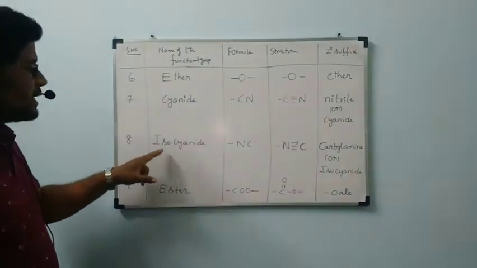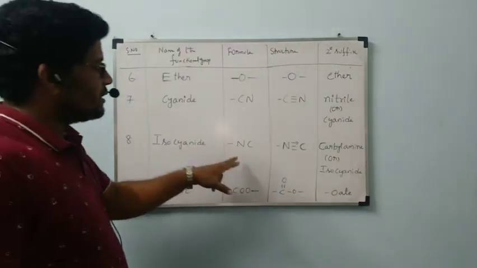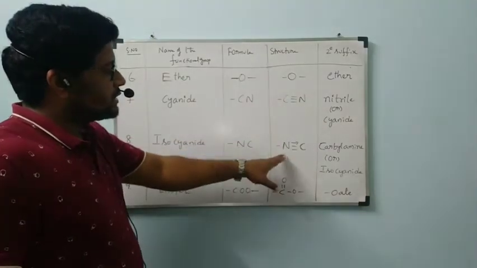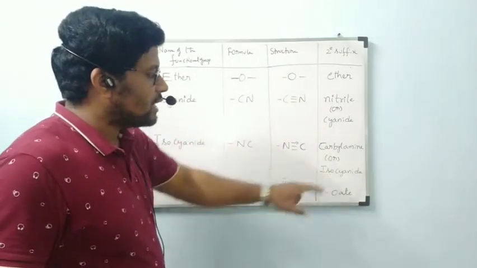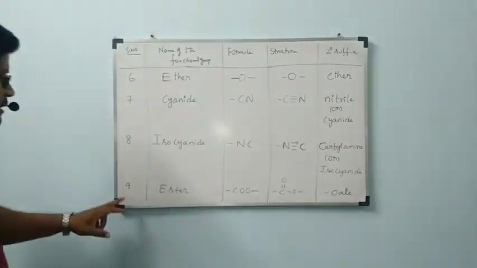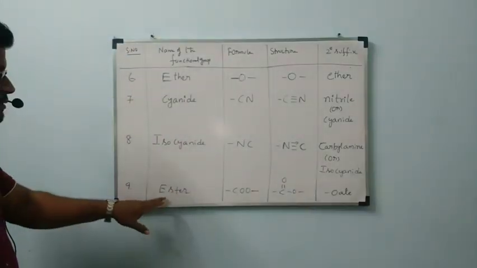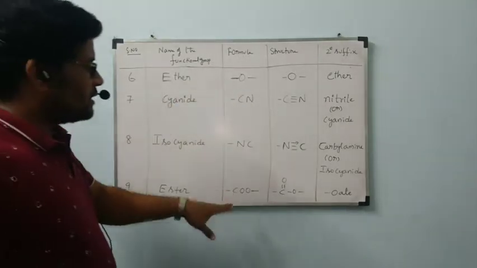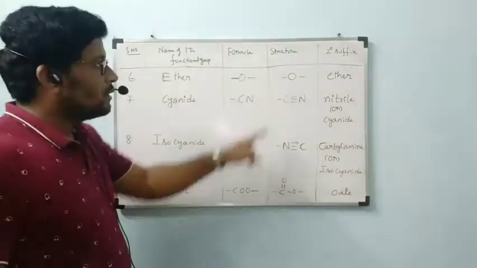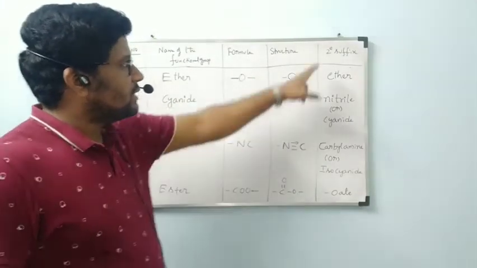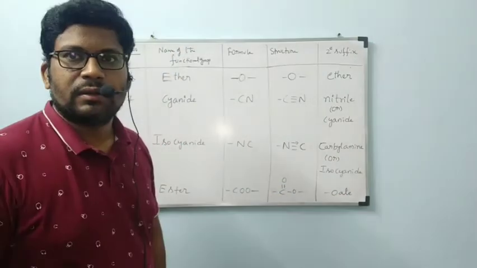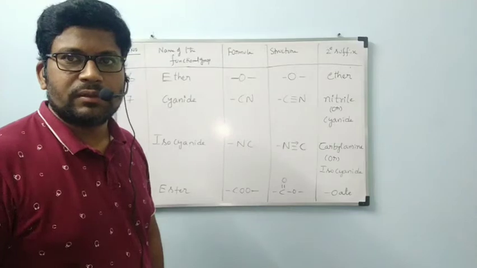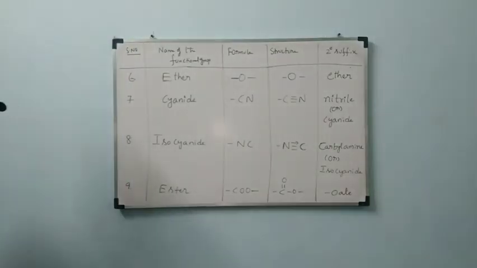Eighth one, isocyanide. Formula NC. Secondary suffix carbylamine or isocyanide. Ninth one, ester. Formula COO. Secondary suffix oate. Okay? Now we will go for the next functional group.